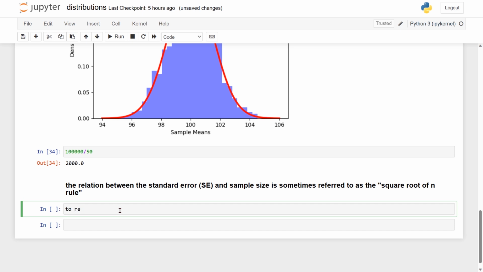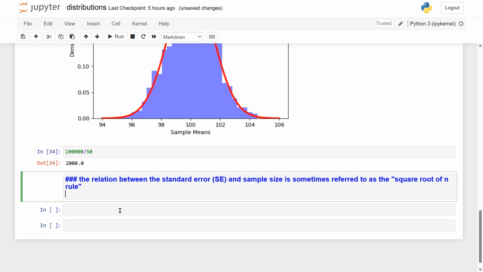So to reduce the standard error SE by a factor of 2, the sample size must be increased by a factor of 4.